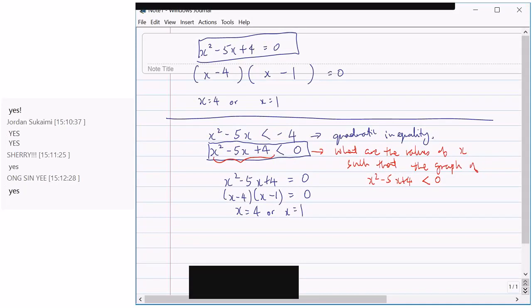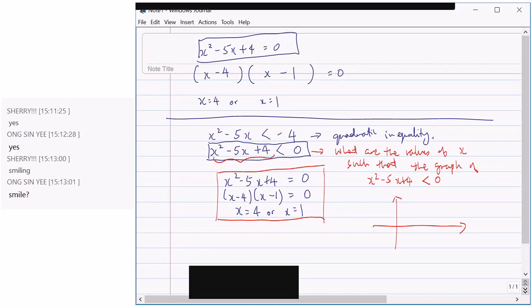Okay, I continue first, then maybe the picture will be clearer. Remember just now I let it be 0 and I solved it. I found the 2 x-intercepts already. This is what I found just now, right? So I'm going to go to the side and sketch the graph for x squared minus 5x plus 4. What do you think it will be? Will it be a smiling curve or a frowning curve? Smiling or frowning?